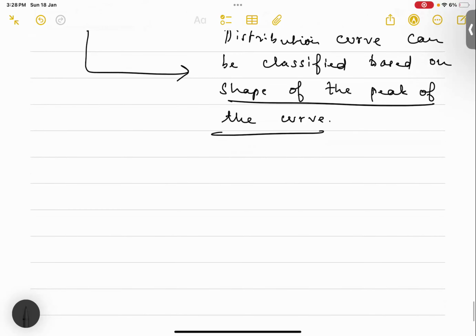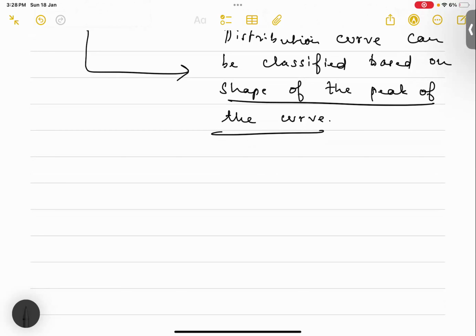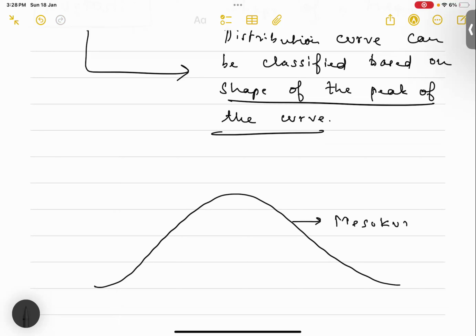This is the normal frequency distribution curve. This is called mesokurtic curve.